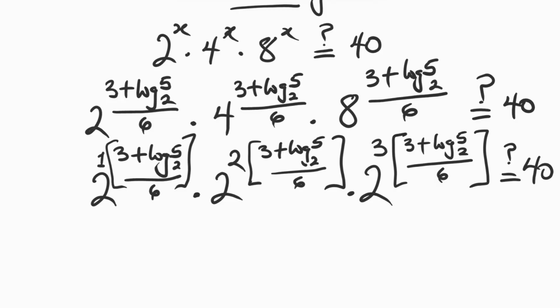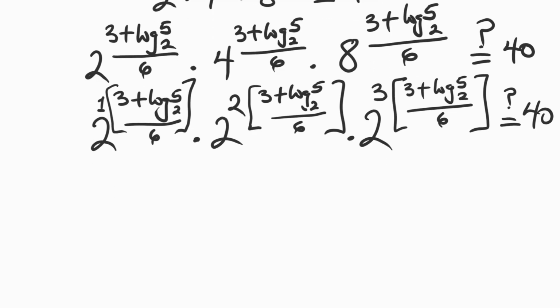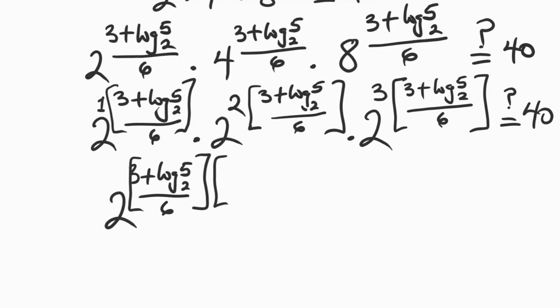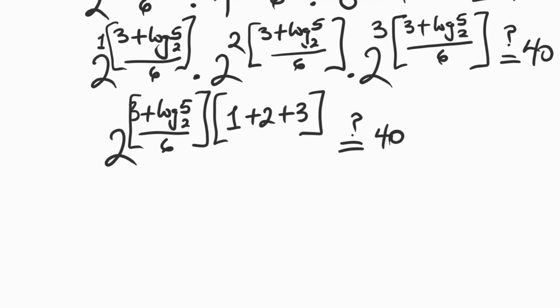Or since we have the same base, we can just add up the powers. So now we have 2 raised to the power (3 plus log of 5 base 2) divided by 6, and then we add up the powers of 1 plus 2 plus 3. See if that's going to be equal to 40.